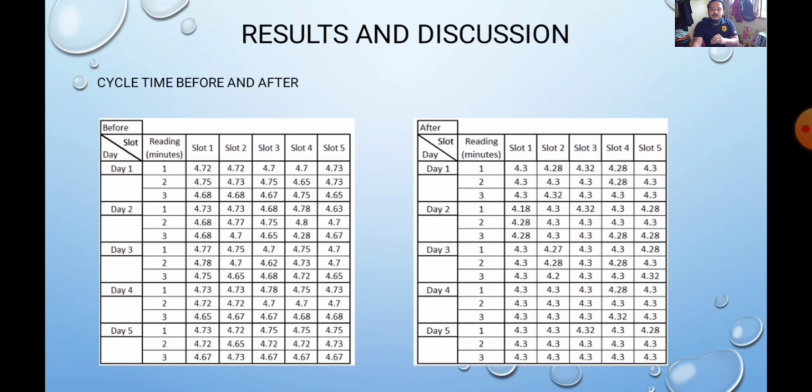All the recorded data are tabulated in the left table as before and after execution of the sub-assembly process. All the recorded data is taken based on the average of 3 readings on 5 random days in 5 slots of times.